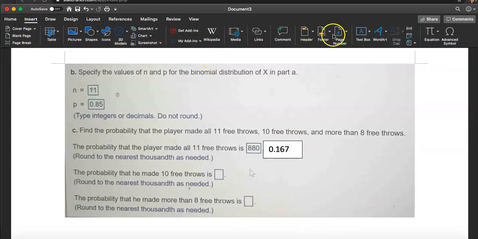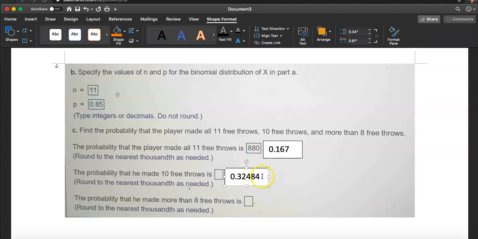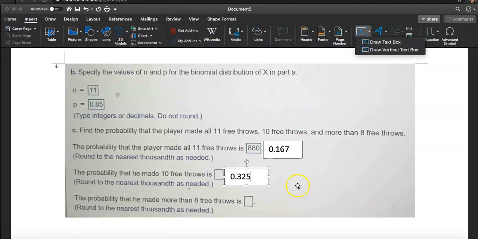I'm gonna insert another text box around here and type in this decimal, but we know we want to round it to the nearest thousandth. Notice the fourth number is 8. This is greater than 5, so I'm going to round up this 48 to 50. So the answer is 0.325. Now, if you take this practice test and they gave you a horrible grade because of rounding, I'm going to take a look at it to see if I can give some of these points back, okay?